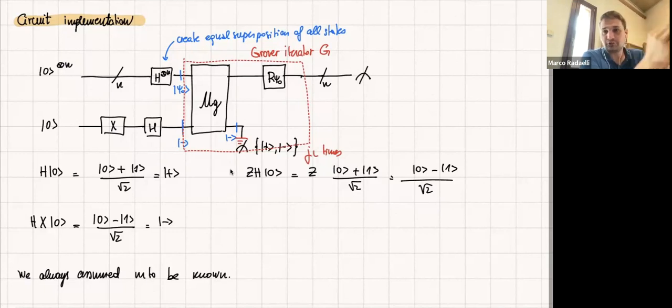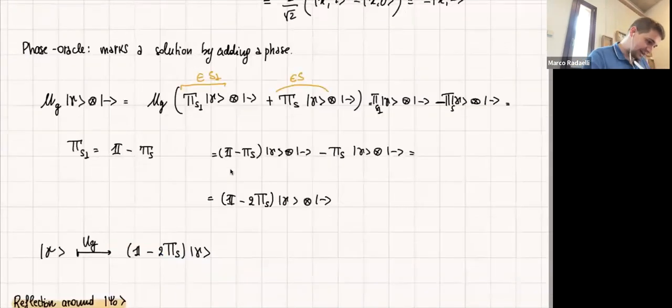So all the solutions will undergo the exact same evolution, because the reflection due to the oracle will first reflect them around the S orthogonal axis, and then the rotation will create a rotation. But the solutions will all evolve in the same way. This means that we can just think of them all together.